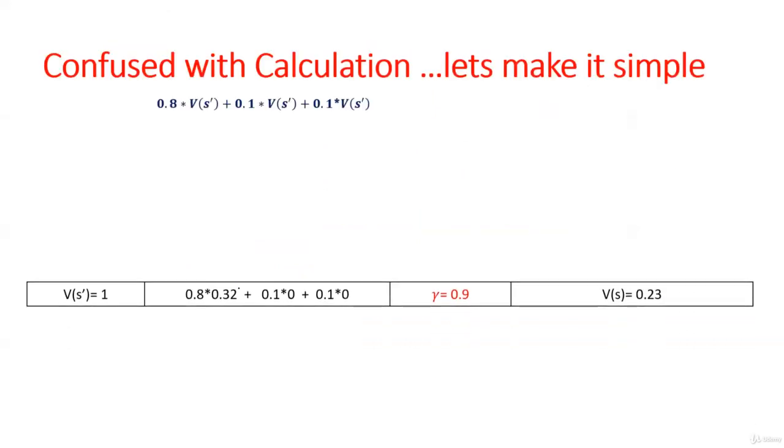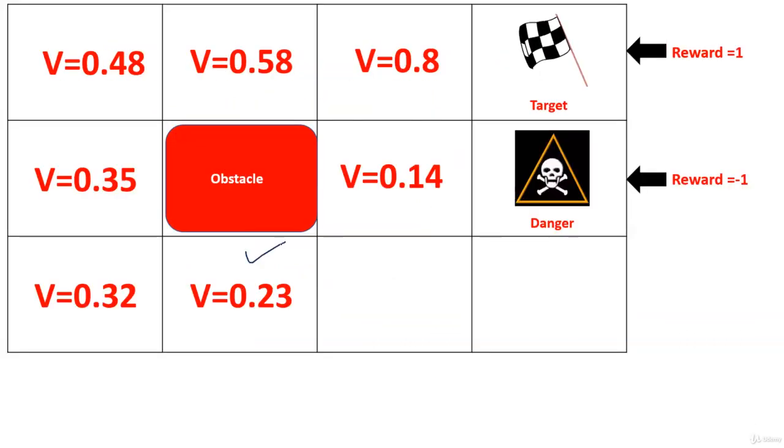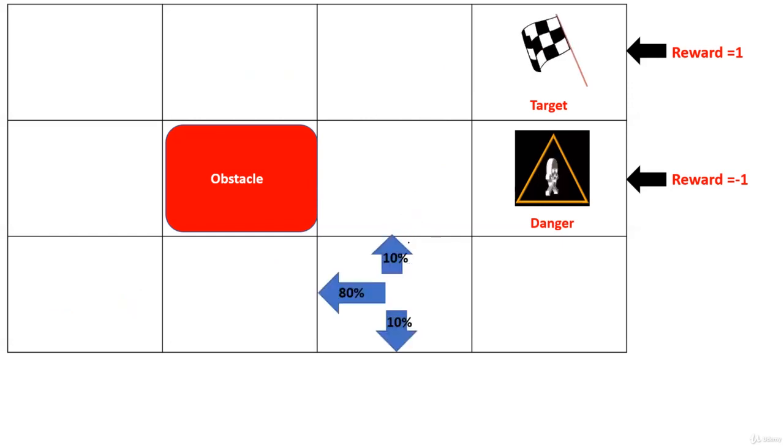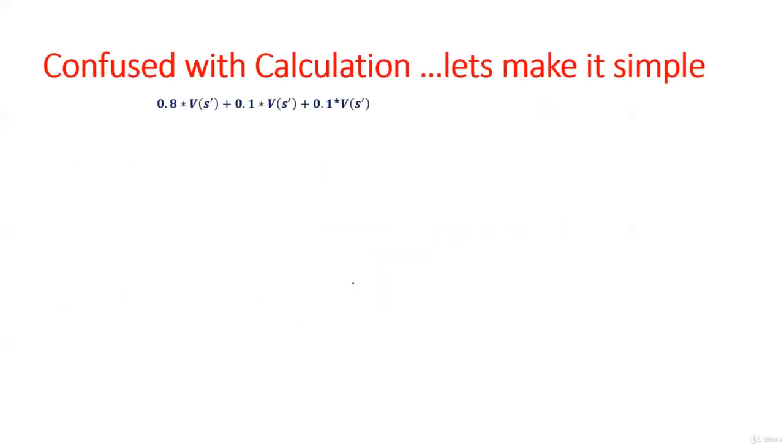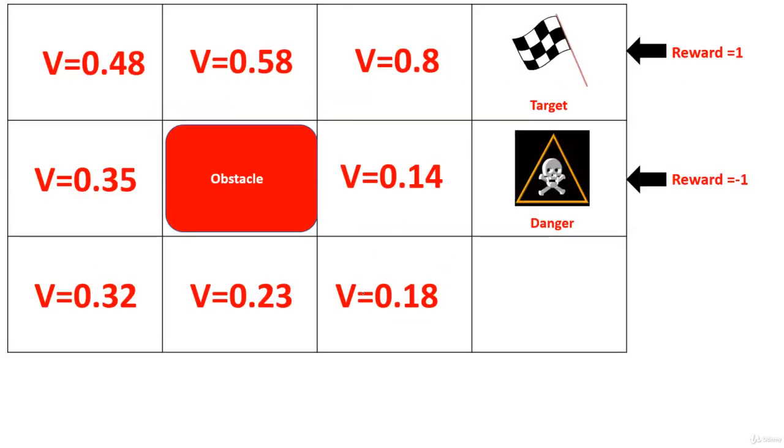So again, the calculation of this is going to change. 0.73, 0.23. Again, if the UGV is over here, I don't want my UGV to go on this side. So the maximum chance should be that it goes on this side. Only a 10% chance that it might bang on the upside. We cannot take the reverse path. So we have to take this path. So the new calculation is going to come, and that will be 0.81.